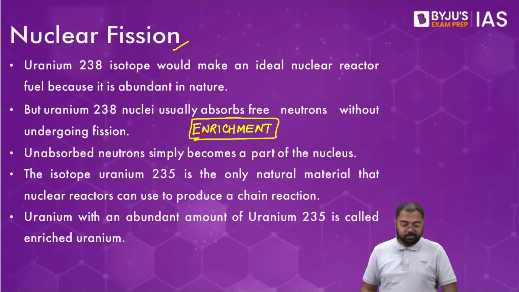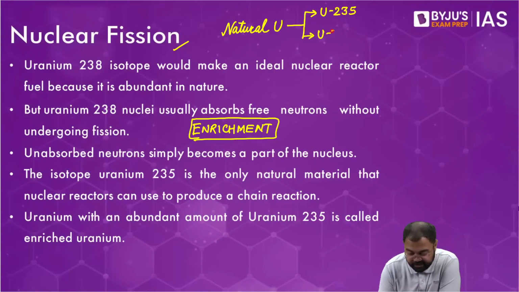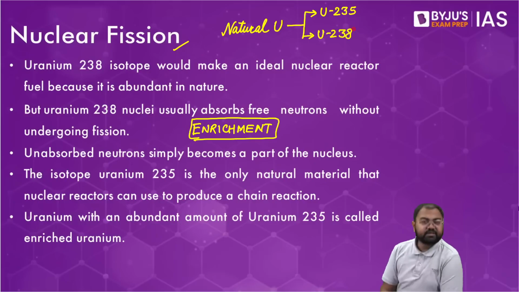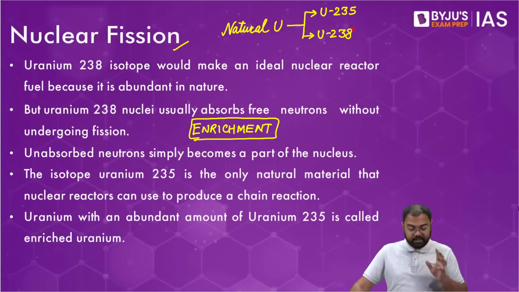Now, there is one problem that we see when we mine uranium. The natural uranium that is mined has two isotopes of uranium, uranium 235 and uranium 238. And we discussed that uranium 235 is used in the chain reaction. Uranium 238 is not usable.